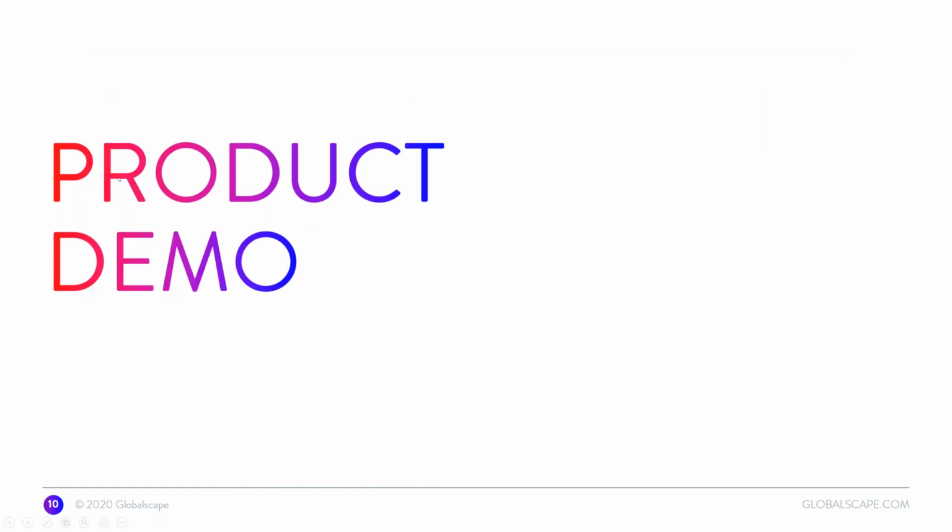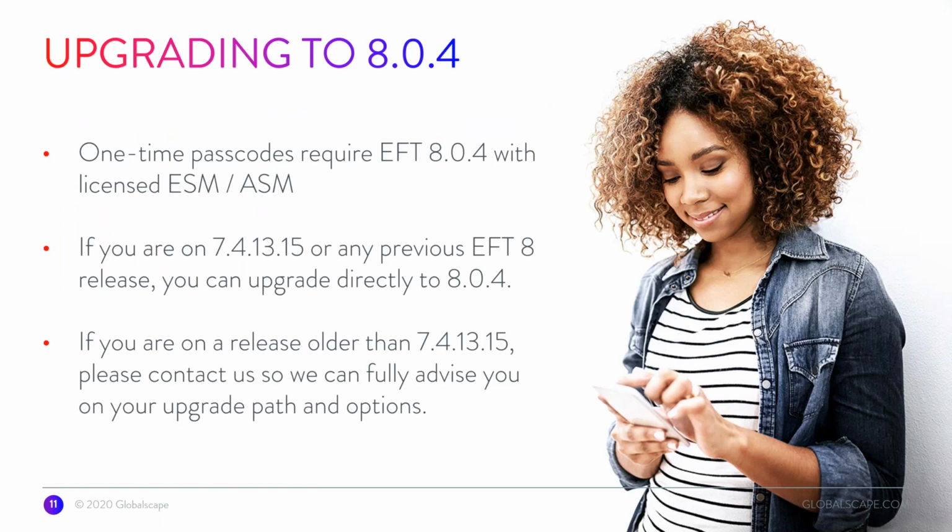With that, we're going to move on a little bit here. I want to mention a few things. Upgrading to 8.04, this is part of our 8.04 release. You can upgrade to version 8.04 from any version 8 release, so that's a direct upgrade path.